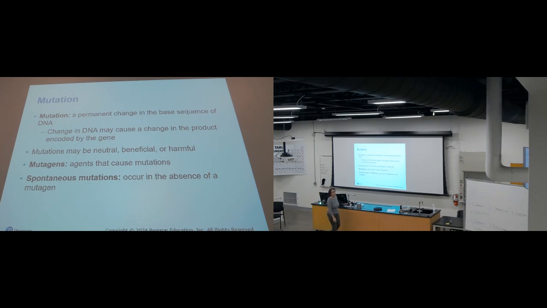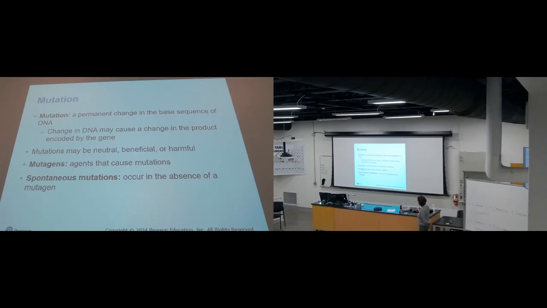A mutation is a permanent change in the base sequence of DNA in the code. This DNA will have a product encoded by this gene, and depending on what happened to this product, the mutation might be neutral, beneficial, or harmful.